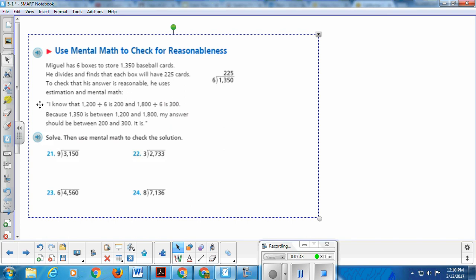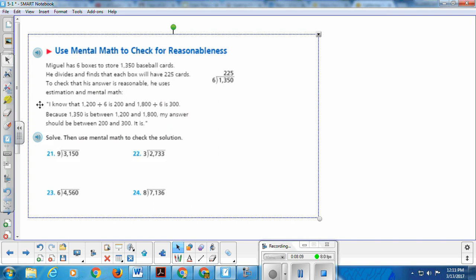My answer should be between 200 and 300, and it is. So basically what he did is he rounded, he did 6 times 200, 6 times 300, and got like the 2 bigger sides of the estimation, and he figured, hey, my number's somewhere in between.